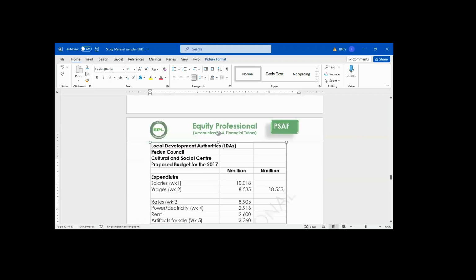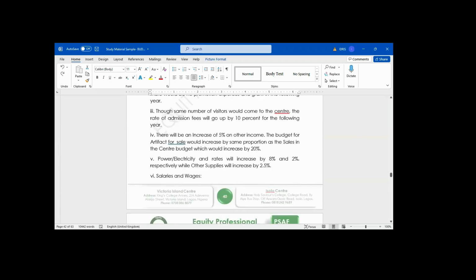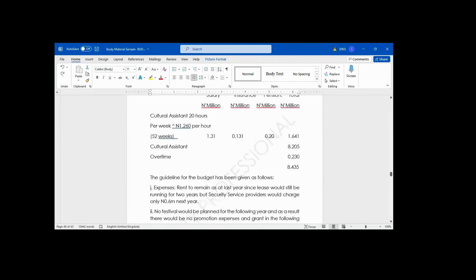After other supplies, which one is next? Service level agreements. So what is the note on service level agreements?